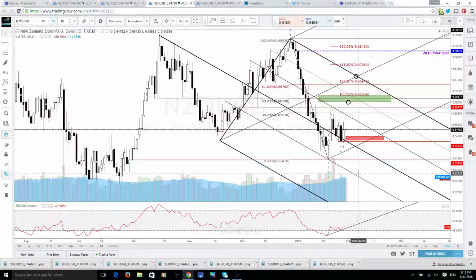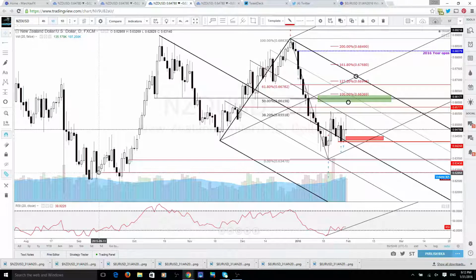Okay, and then you start looking at this sliding parallel again, and probably this would be a level to look at if it goes lower. So we're talking about 62.89, right? So just trying to show how I think and what my method would be in case of.